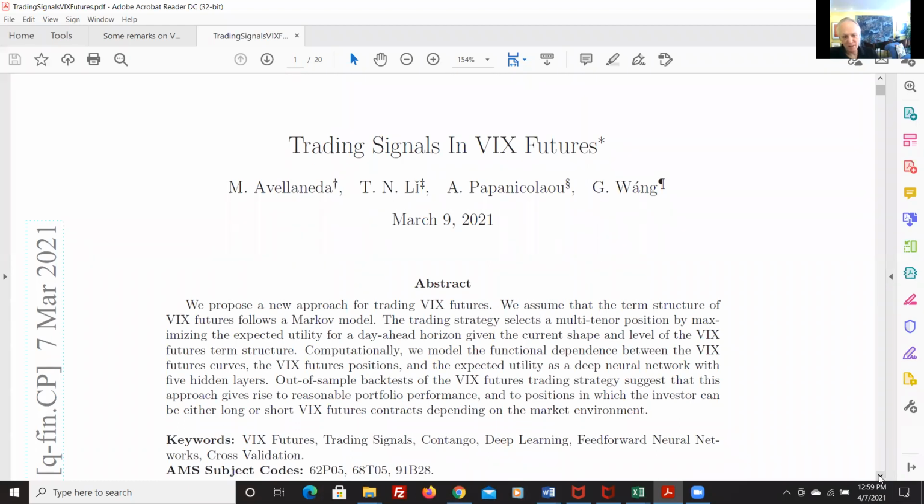So paper two is where we now use our fitting of the Markov process for the VIX. We want to use it for investing.